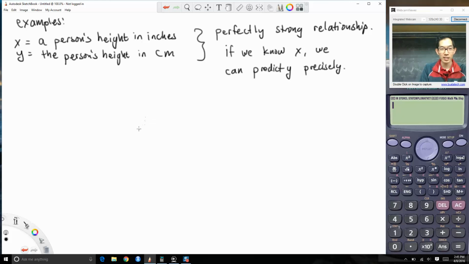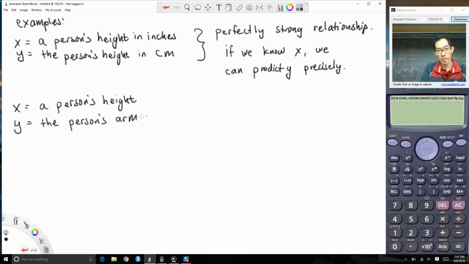All right. Another example, x would be a person's height, however you want to measure it, and the y could be the person's arm span. Based on your height and how wide your arms are, there's a very strong relationship. Most people have something very close to a one-to-one relationship between height and arm span. You've probably seen that Leonardo da Vinci picture with the guy in the circle.